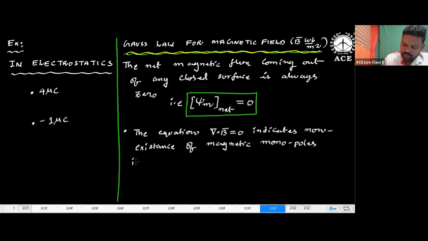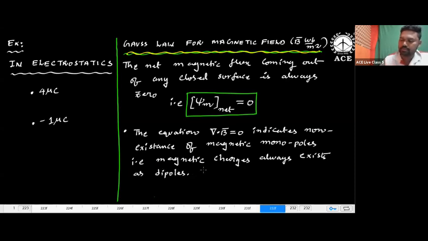That is, magnetic charges always exist as dipoles. Clear, beta?